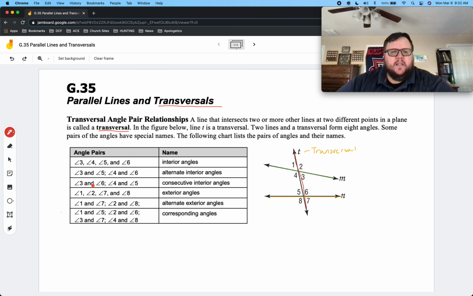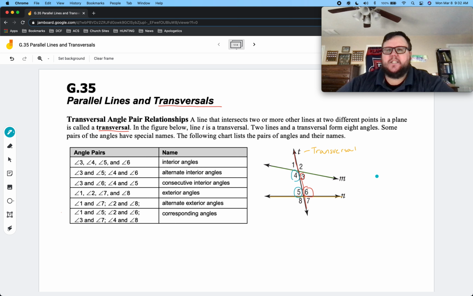But the next thing they say is angle 3 and 6, and angles 4 and 5. These are called consecutive interior angles.